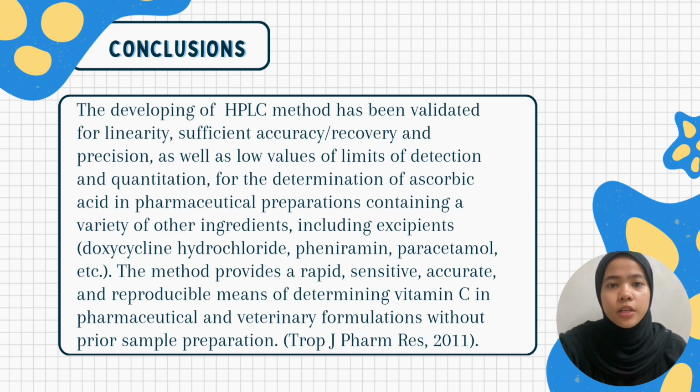What sets this method apart is its speed, sensitivity, accuracy, and reproducibility. Additionally, it does not require prior sample preparation, which makes it ideal for the rapid analysis of vitamin C in pharmaceutical and veterinary formulation. In conclusion, this validated HPLC method represents a significant advancement in pharmaceutical analysis, providing a reliable and efficient tool for quality control.